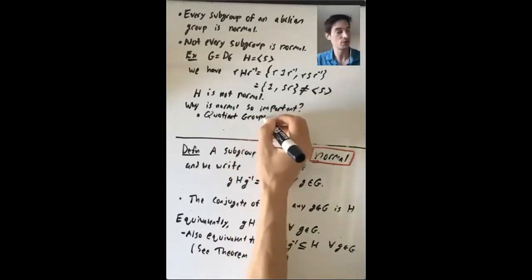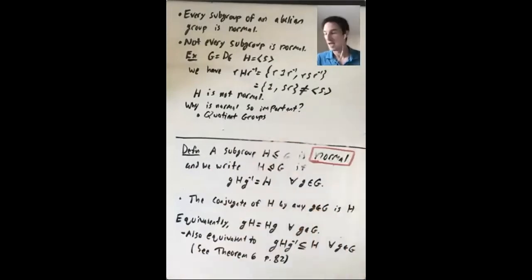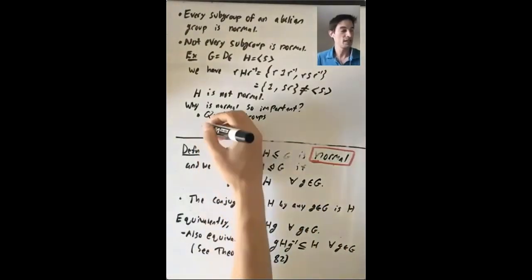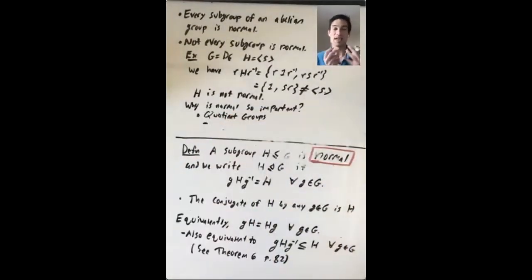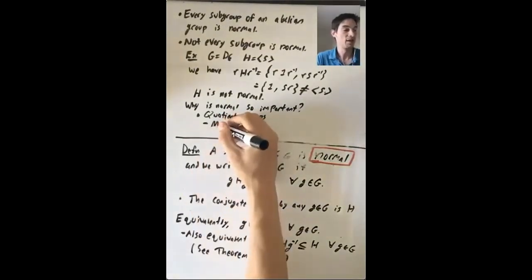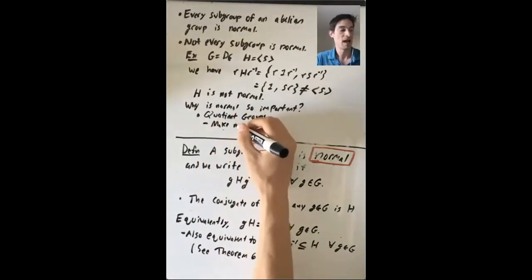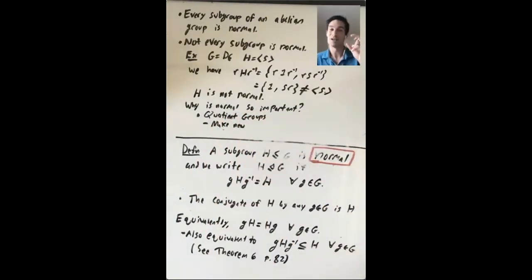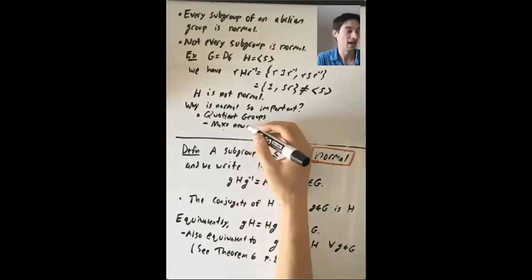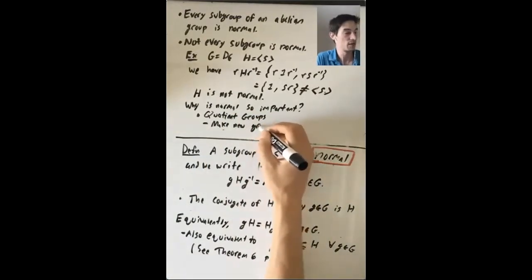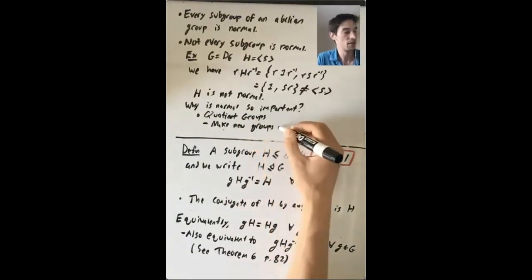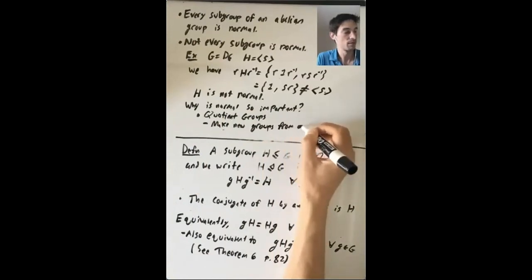The idea behind a quotient group is we take some group, we take a subgroup, and we're going to make new groups out of our pair of a group G and a special kind of subgroup K. So, make new groups from old.